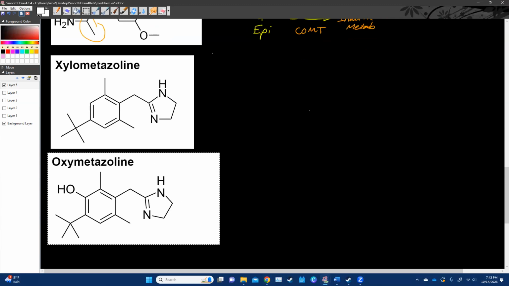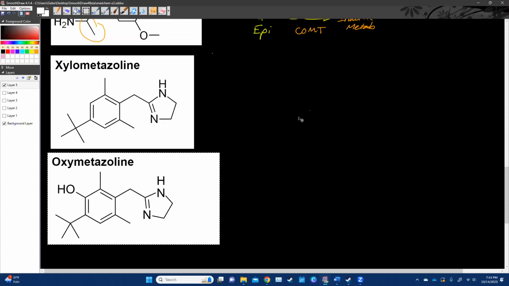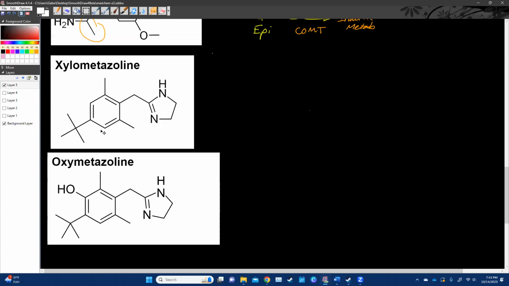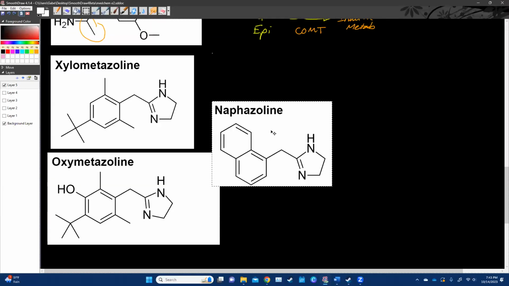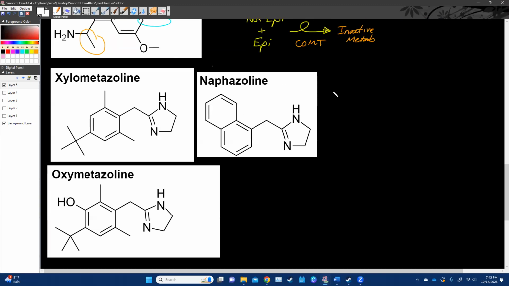Unlike the previous drugs, which clearly mimic the phenylethylamine backbone, these drugs use an imidazoline ring as their backbone.